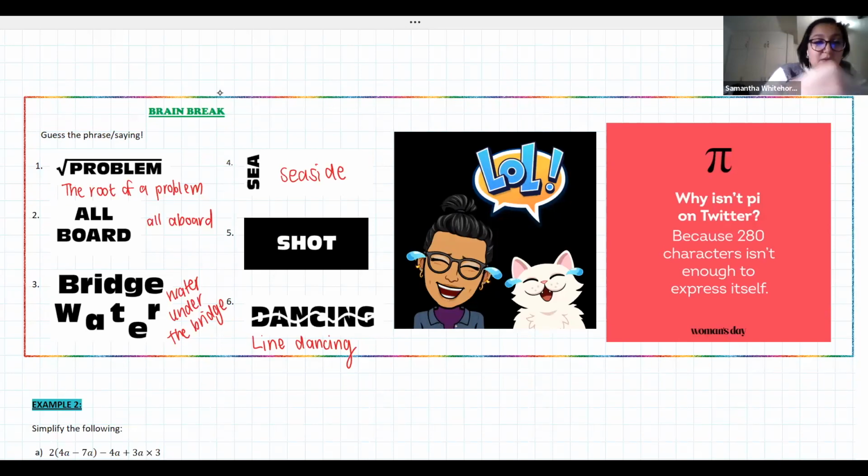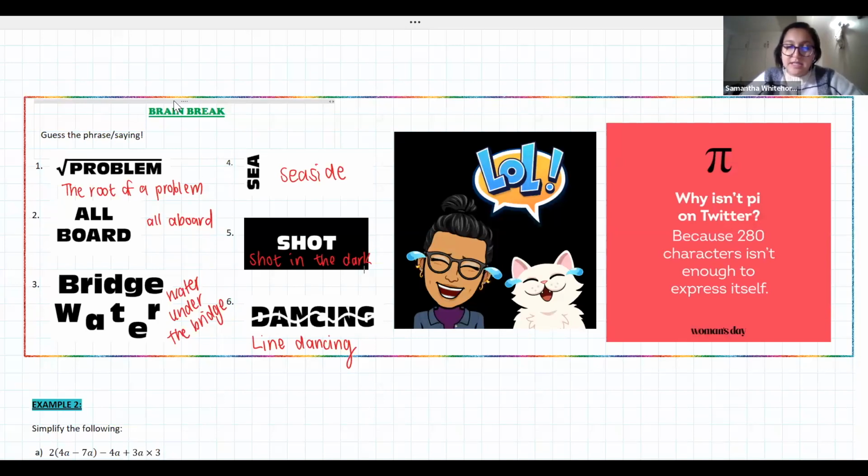But 5 is shot in the dark, because the background is dark. So shot in the dark. It's like when you just take a wild guess at something. It's called a shot in the dark. Oh, nice. You're very close. Right, guys, well done.